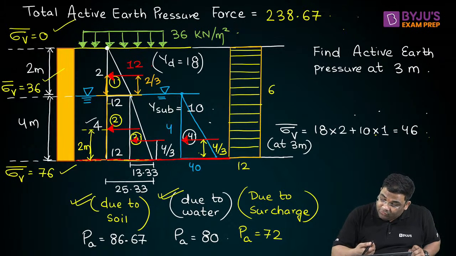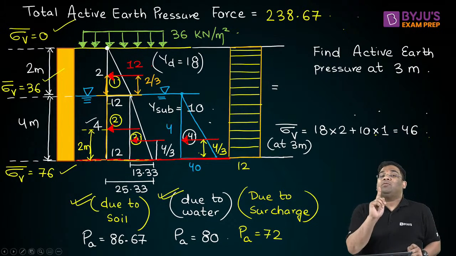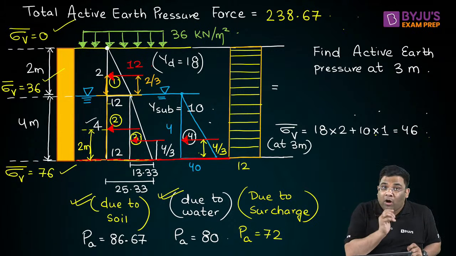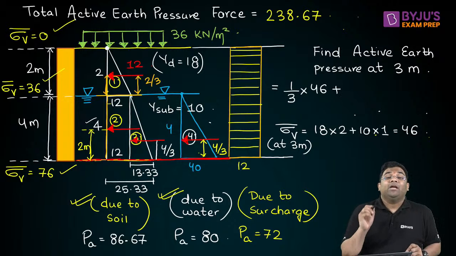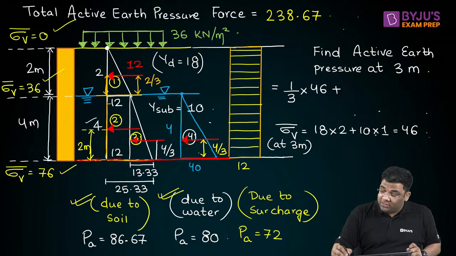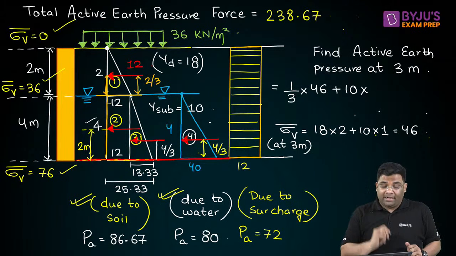Now if I am asking you the active earth pressure, you have to consider three things. First one is due to soil. So due to soil, Ka, which is 1 by 3, into this vertical stress. Due to water, it will be gamma W, 10, into depth from the water table.